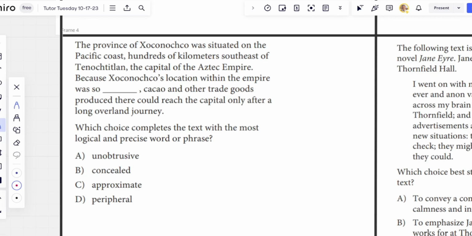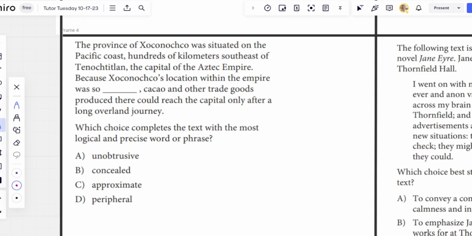Let's see, unobtrusive, that seems like it would be easy to access. Concealed, that could work pretty well if it was hidden away. Then approximate and peripheral, those seem not really related to how hidden or hard it is to reach there.